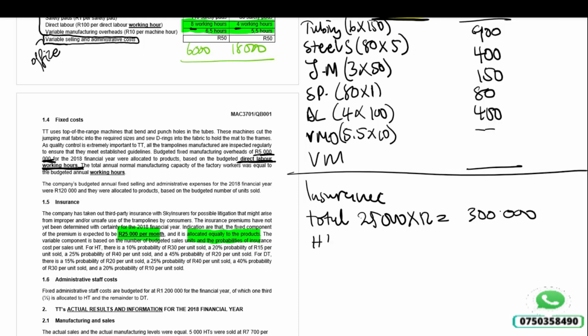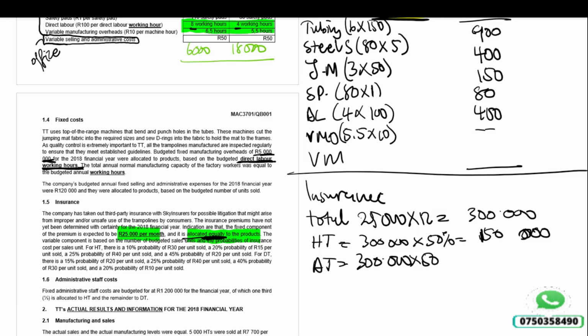Now for HT, since it's going to be allocated equally between HT and DT, it means that 300,000, which is the total fixed, is multiplied by 50%, or 1/2, which is 150,000. And then for DT as well, same calculation, 300,000 multiplied by 50%, or 1/2, which is 150,000.